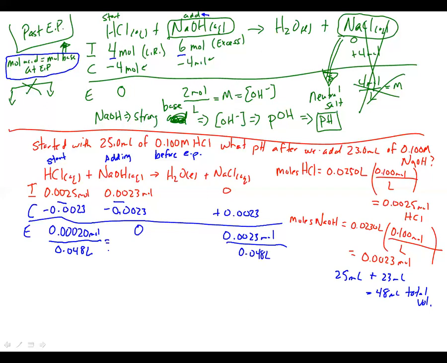And if we do that for our HCl, you'll get 0.00417, taken into a couple of digits, not rounding too much here yet. 0.00417 molarity, and 0.0023 divided by 0.048 would get you 0.0479 molar. Any questions on the ICE table or anything like that up to this point?